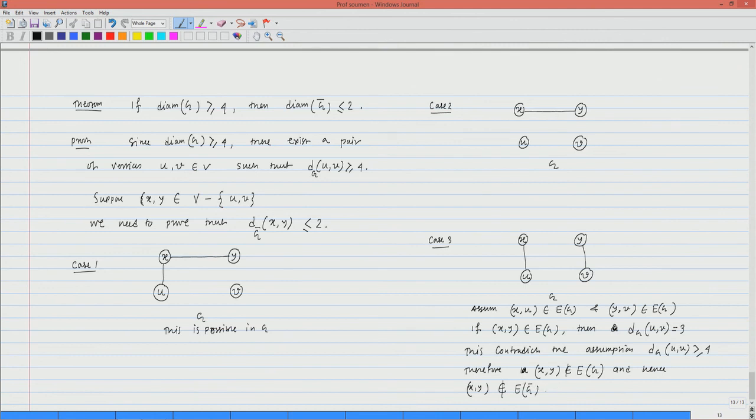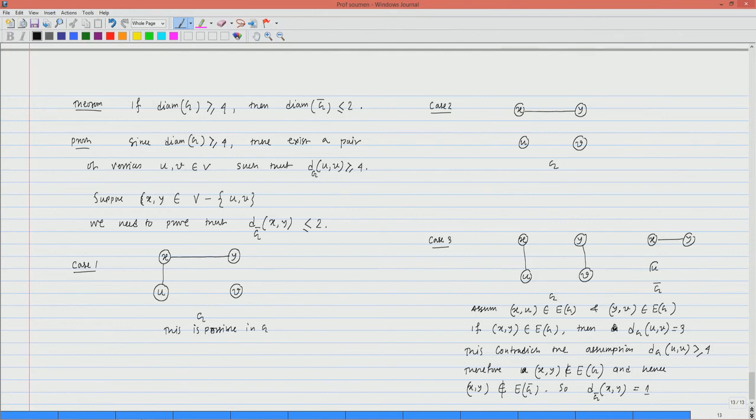Right. So, the distance between x and y in G complement is equal to 1. So, in case 3 we have proved that the distance between x and y is equal to 1, because this is the situation in graph G. In graph G complement, x and y will be adjacent, because they are not adjacent here.